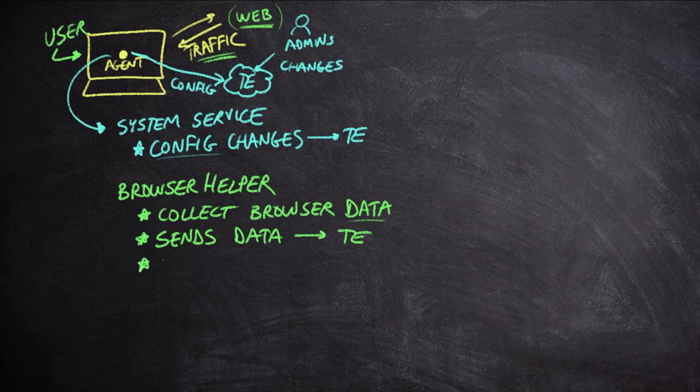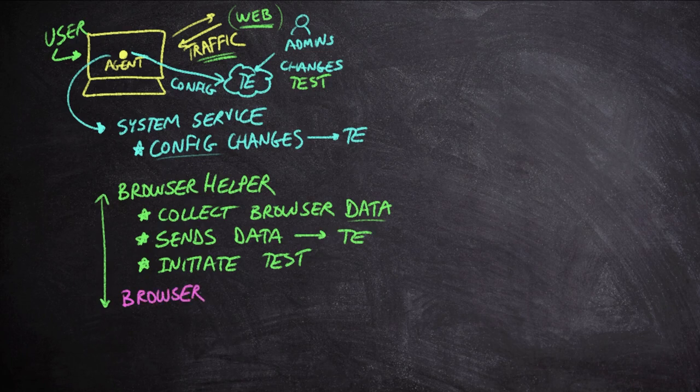It's also going to be responsible for initiating tests. So if we, as an admin, decide that, hey, yeah, we might push changes down, but what if we want to trigger a test? Well, the test is going to be initialized by the browser helper component because it's going to interface with this third component, which is very important, and that is the browser extension.